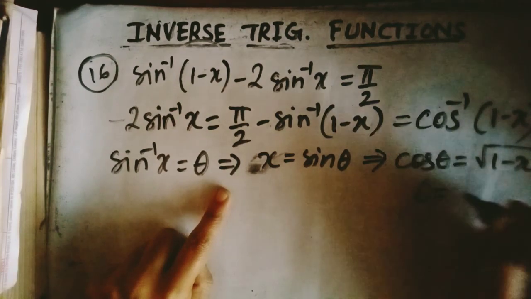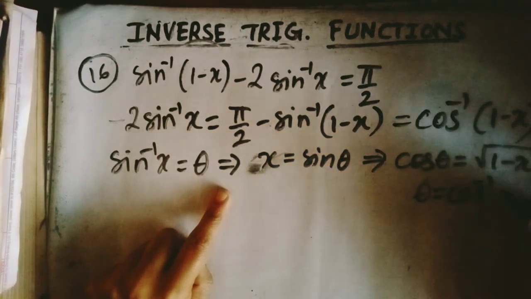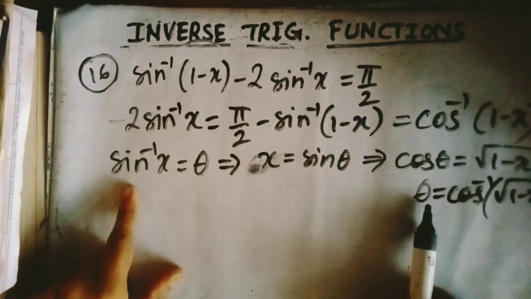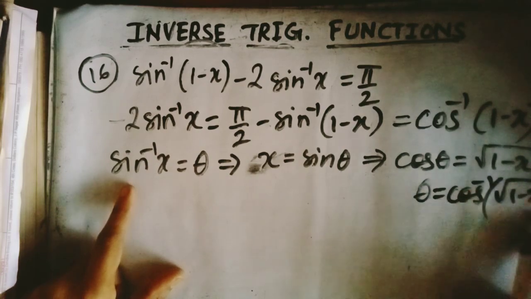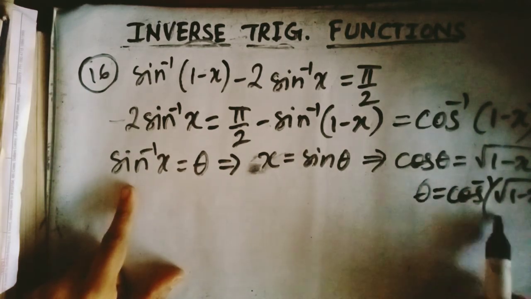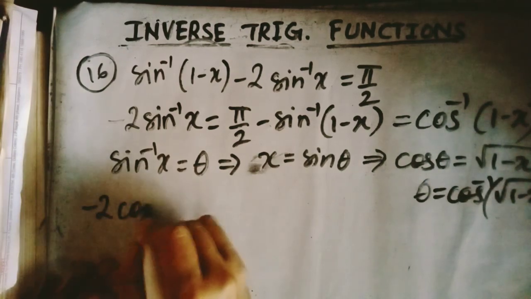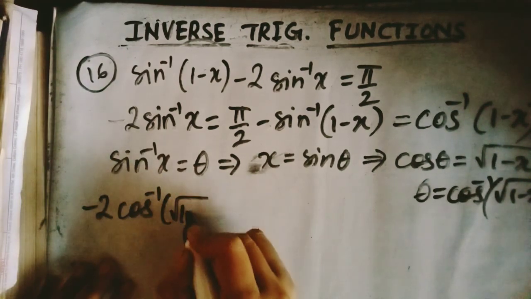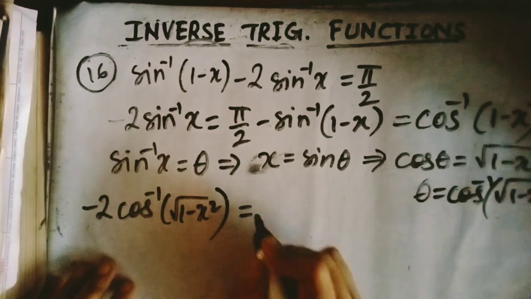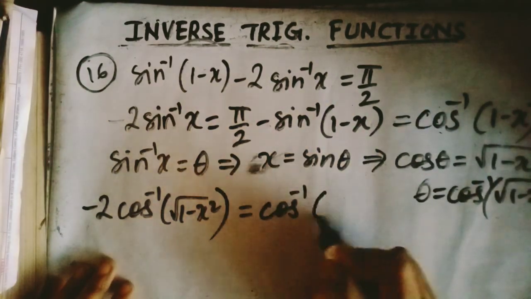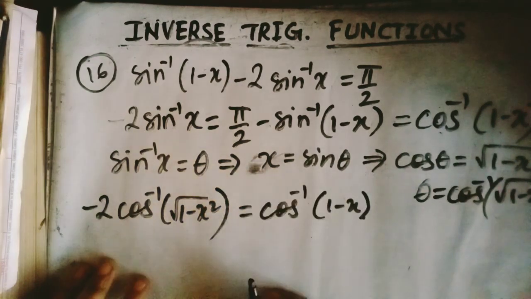Because theta is equal to cos inverse root of 1 minus x square. So theta is equal to sine inverse of x, and also theta is equal to cos inverse root of 1 minus x square. So this you can substitute here. So this will be minus 2 cos inverse root of 1 minus x square, and we got this is equal to cos inverse 1 minus x.